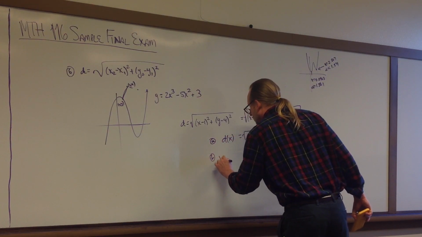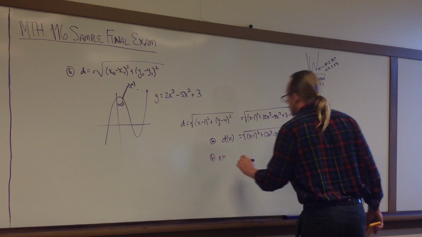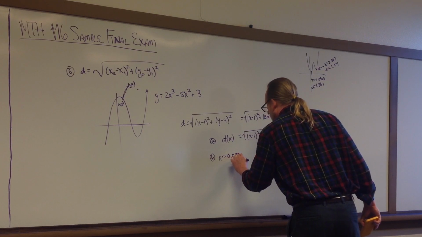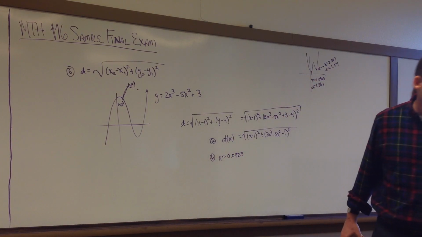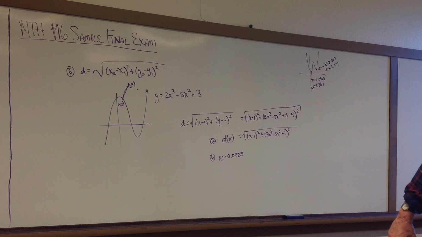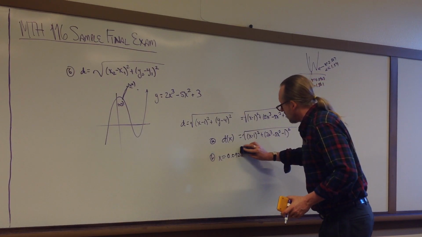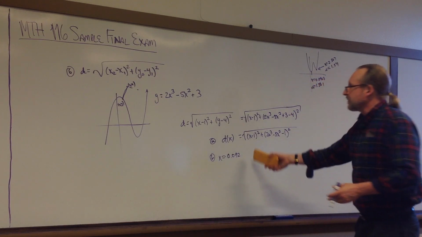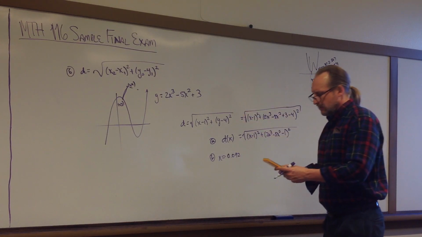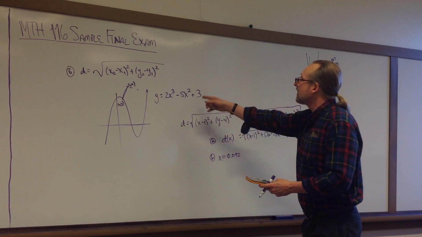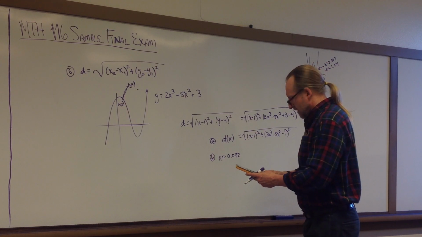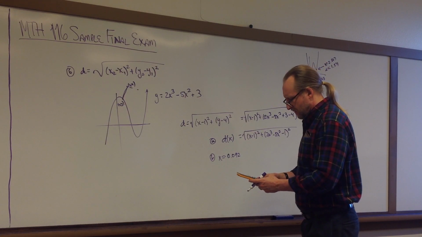In part B, we know that the x is going to be about 0.0923. Let's see, did I ask you to round to 3 decimal places? I'll keep the 3 on there when I plug it back in so that I can get it as accurate as possible for the y. So let's see here, 0.0923.